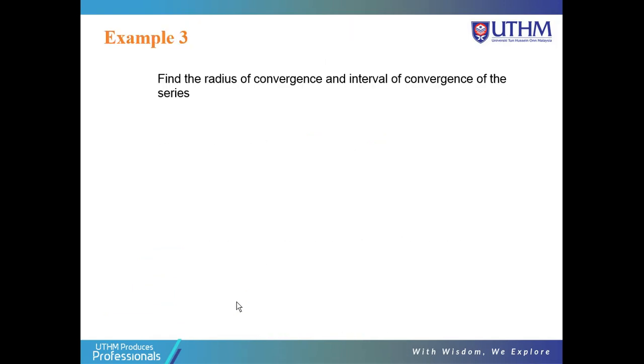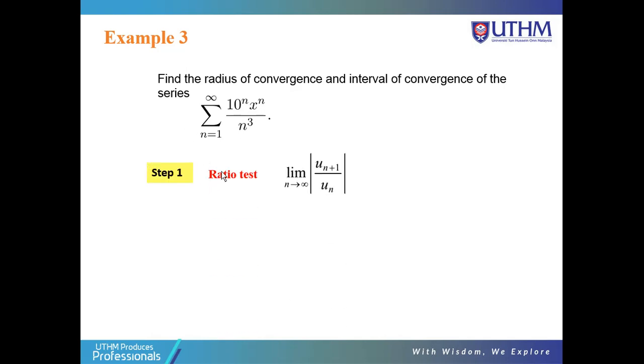So, example: find the radius of convergence and interval of convergence of the series, given as 10^n x^n divided by n^3. The first step is to use the ratio test. The ratio test is u(n+1) divided by u(n).